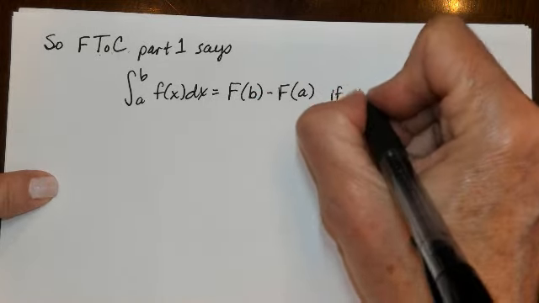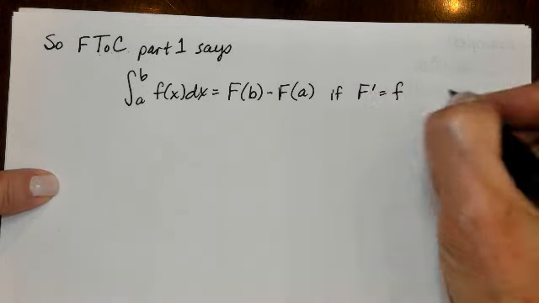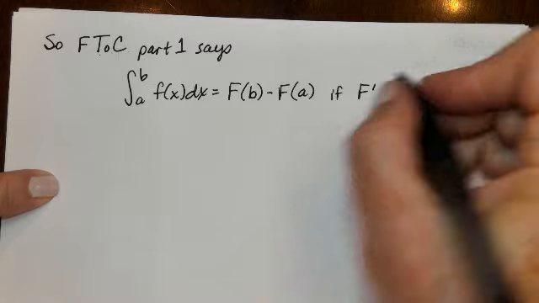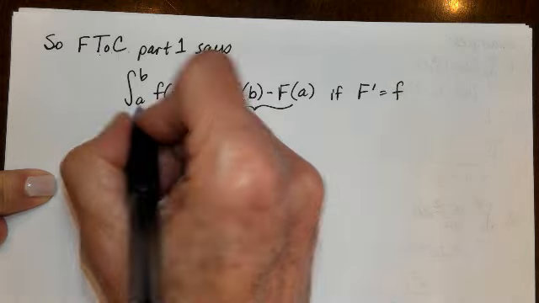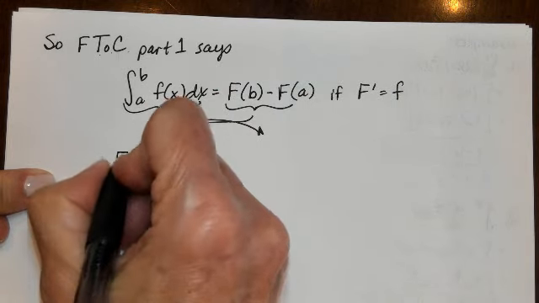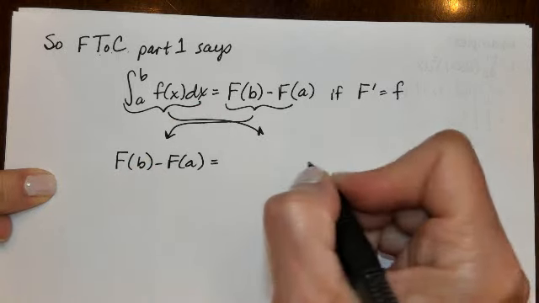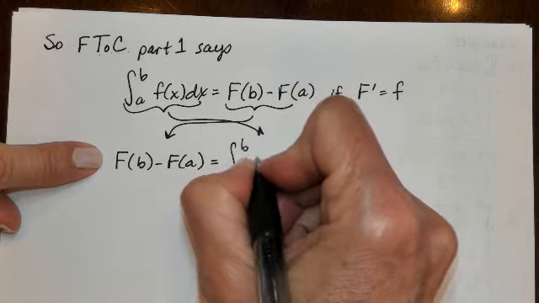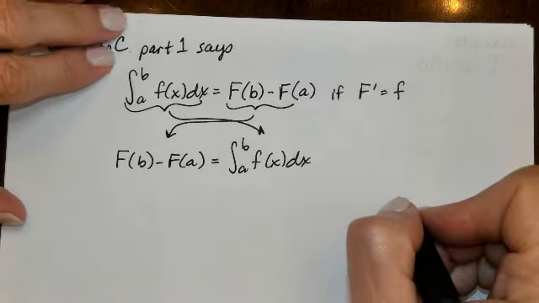And that is if capital F prime is equal to f, so if the derivative of capital F is f, right? Now, I want to write this on the left and write this on the right. So now I'm going to write this as the antiderivative at b minus the antiderivative at a. The integral from a to b of f of x dx.